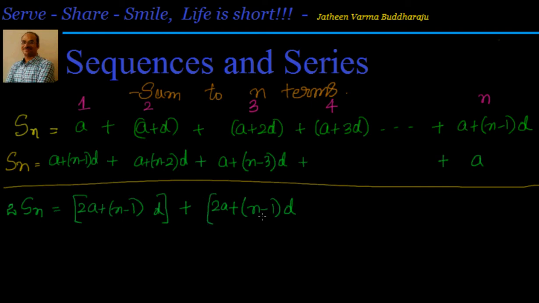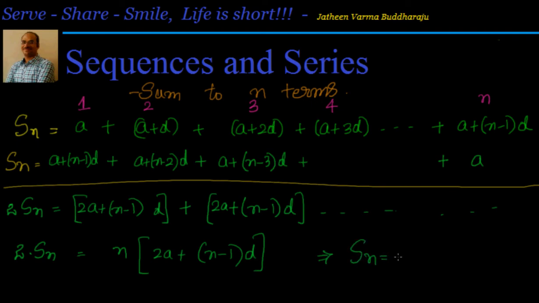You can see them continuing for how many times? n times, because there are n terms. So 2 into Sn equals n into 2a plus n minus 1 into d, which gives us Sn equal to n by 2 into 2a plus n minus 1 into d.